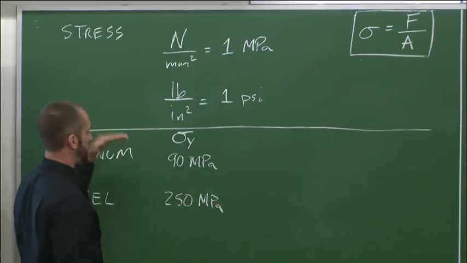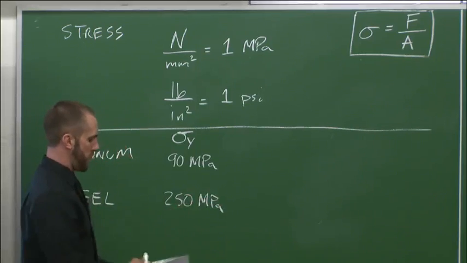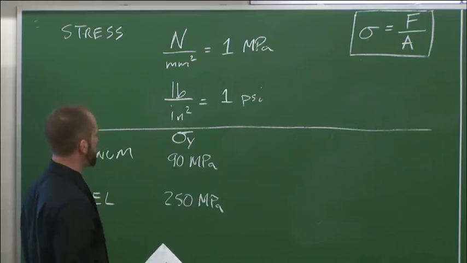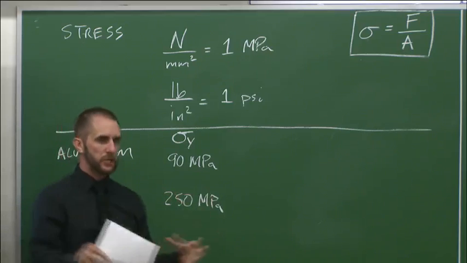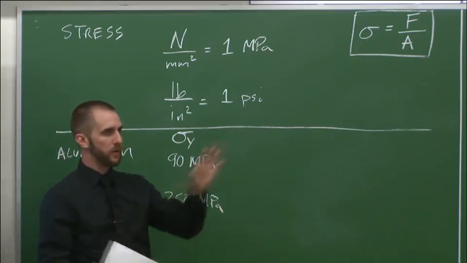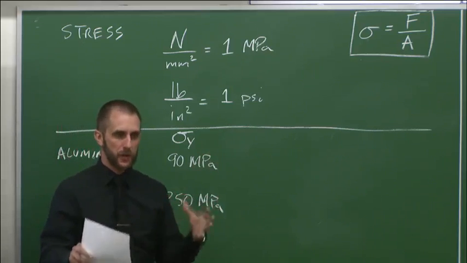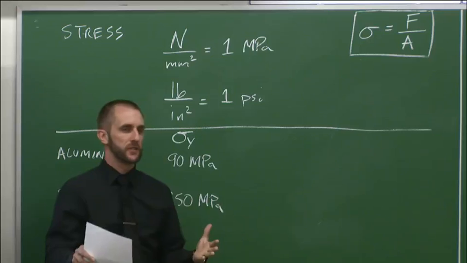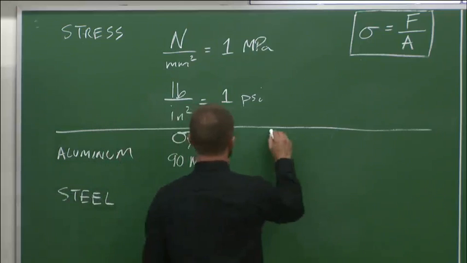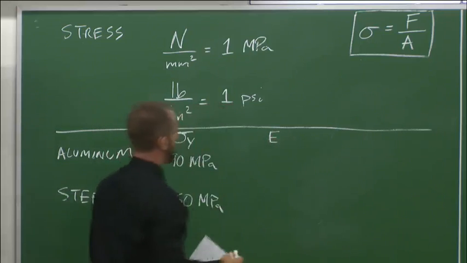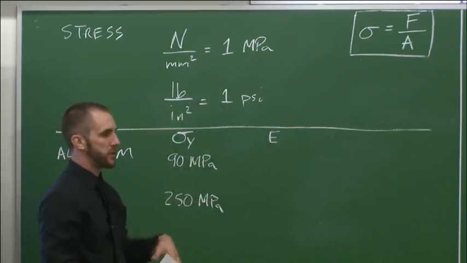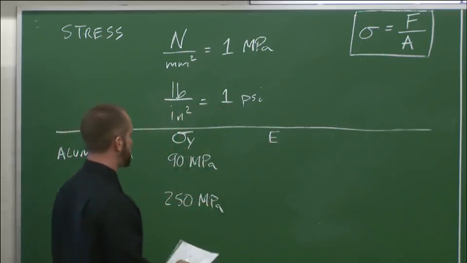What are some other material properties that we're going to deal with? Well, when I was talking about springiness, I'm going to do a large generalization here, springiness is called elastic modulus. It has this symbol E. You can think about the spring constant of something as related to its elastic modulus.